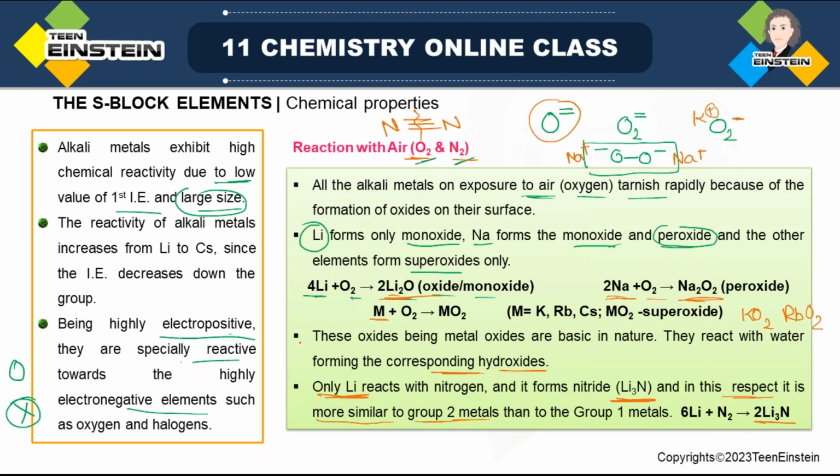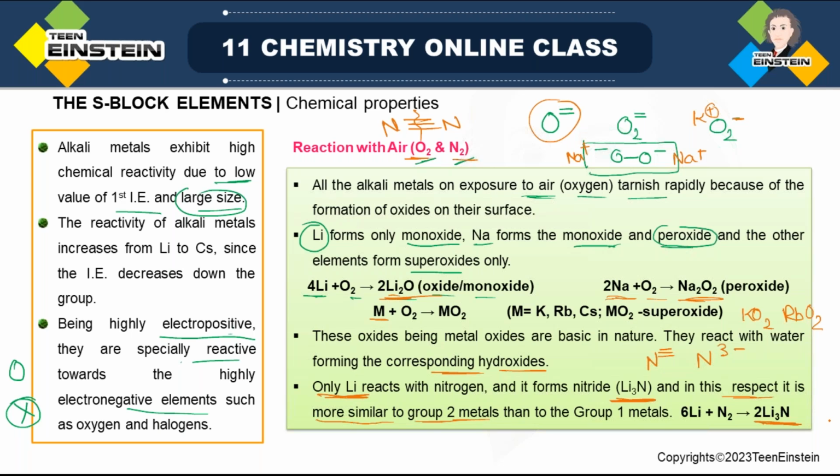What is nitride? Nitride is nitrogen carrying 3 negative charge, N3-. To balance this 3 negative charge, 3 positive charges are required, so the formula is Li3N. This is the balanced equation for the reaction between lithium and nitrogen.